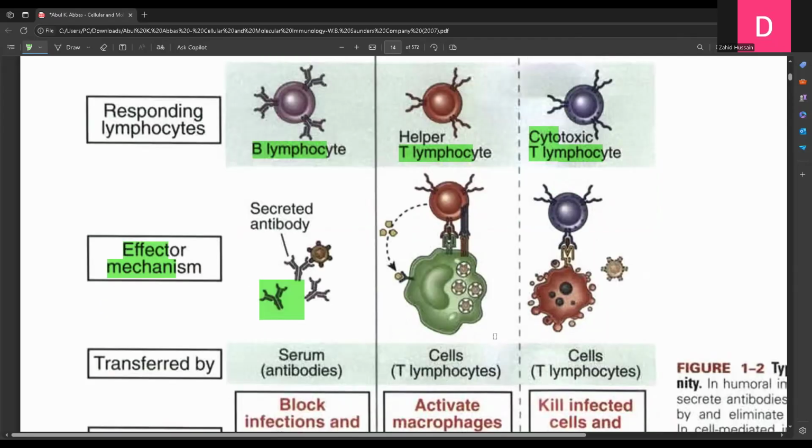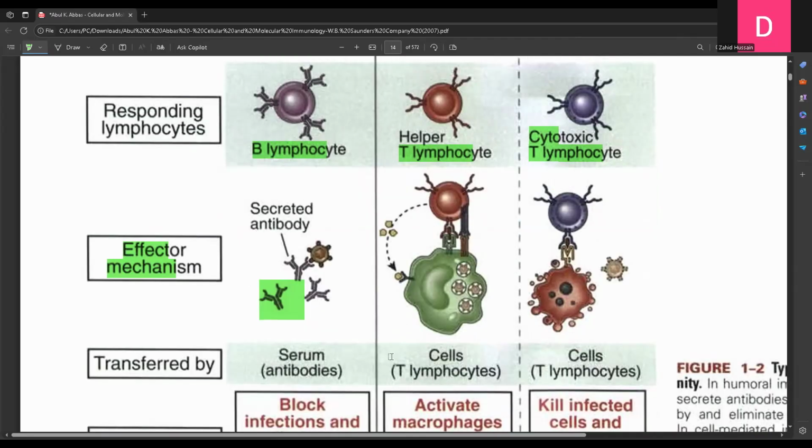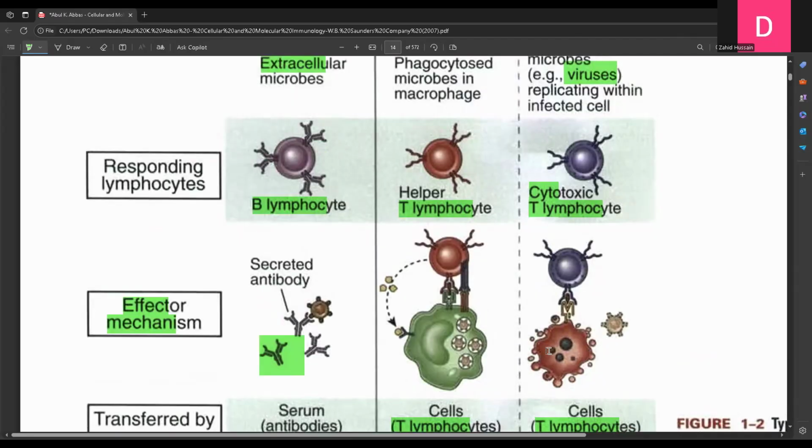Then we come to cell-mediated immunity. In it we see TH lymphocytes and TC lymphocytes. Here you can see the T cell receptor, and the processed antigen will be presented by MHC2 to this T cell receptor.